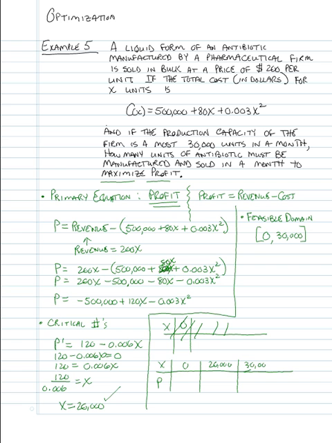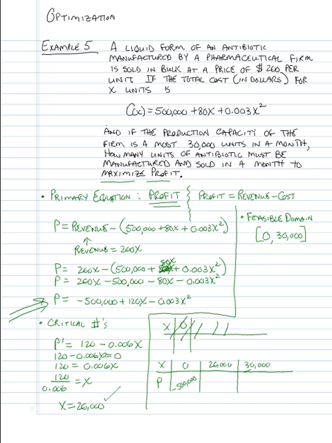And remember, for an absolute maximum on a closed interval of a continuous function, that absolute maximum and, of course, the absolute minimum are going to occur either at the endpoints or at the critical numbers, and that's what we've listed here. Well, when we put 0 in for x in the profit function, we get negative 500,000.